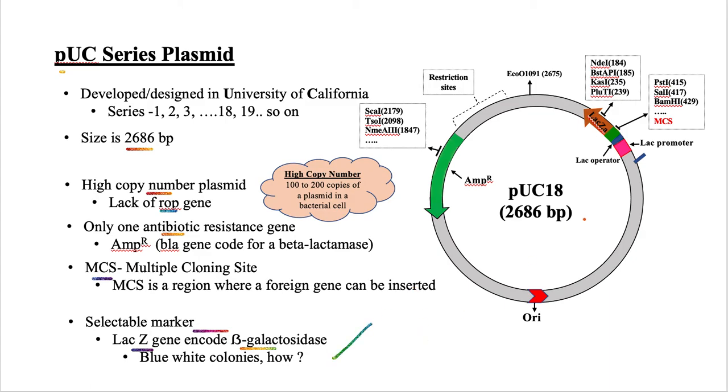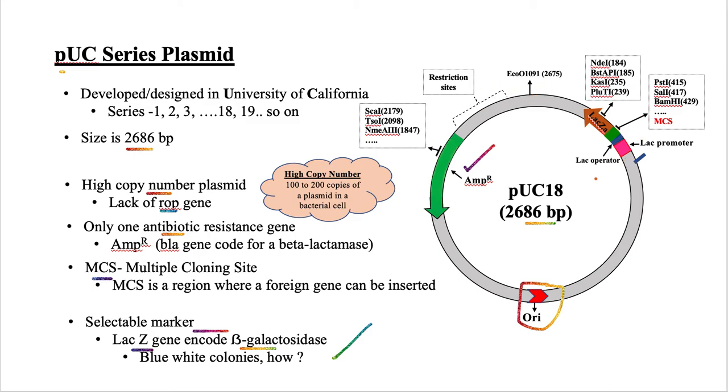And let's come back to the structure of the plasmid. So we have pUC18, the size is that, and we have the origin of replication here, and then the ampicillin resistance gene. You can see the different restriction enzyme sites in the ampicillin resistance gene. Again, restriction sites are here at this position.